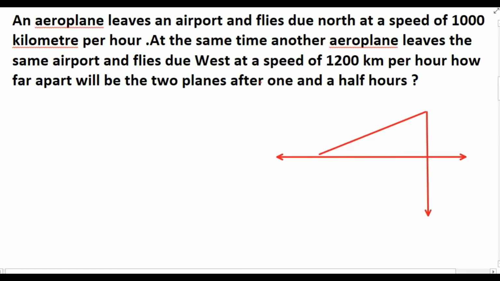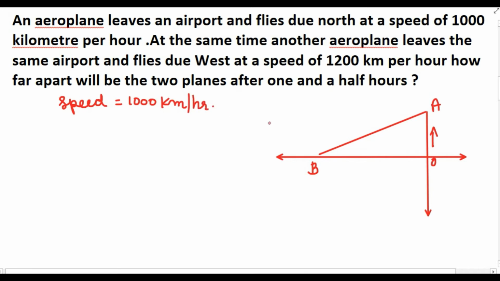The next question, aeroplane leaves an airport and flies due north at a speed of 1000 km per hour. So if you take this as A, O, B, it flies due north. So this side it has flight at a speed of 1000 km per hour.